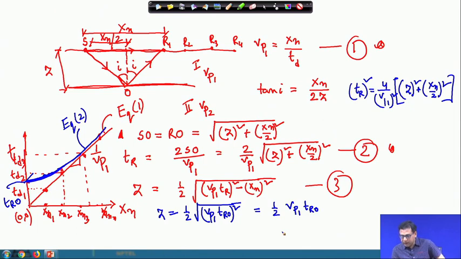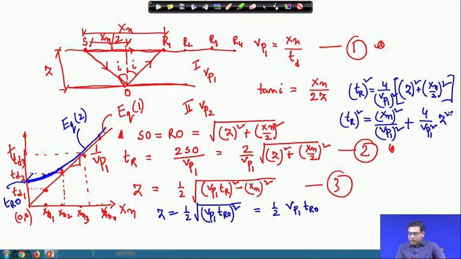Further simplifying, T_r square equals x_n square by V_p1 whole square, and then plus 4 by V_p1 square into z square. So, this is our expression number 4.